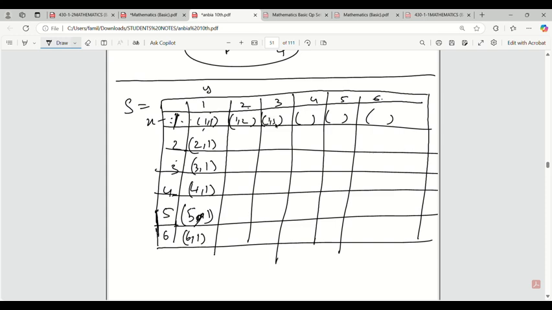So basically you can think this is the x-axis and this one is the y-axis. See, 1 comma 2, 1 comma 3, 1 comma 4, 1 comma 5, 1 comma 6. Okay, like this only.